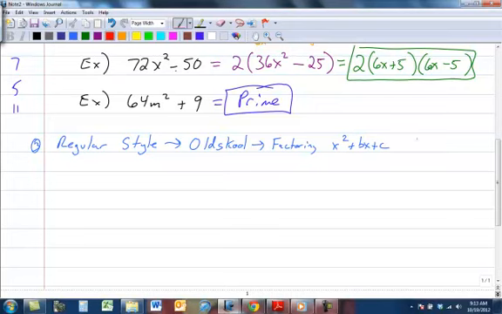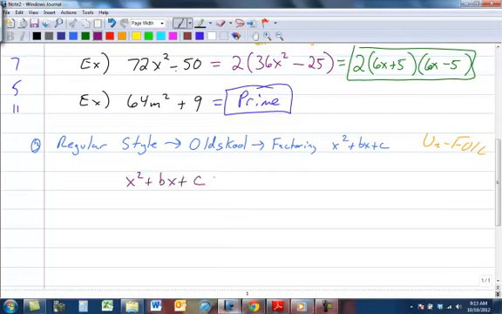What we're essentially doing here is we are unfoiling. That's what's happening here. We are unfoiling. So, as I mentioned, the pattern of this is always going to be x squared plus bx plus c.